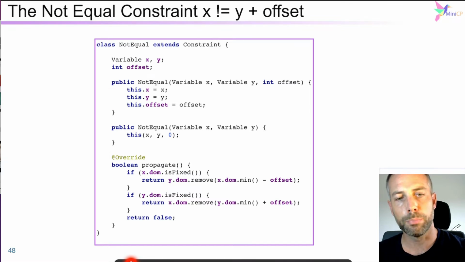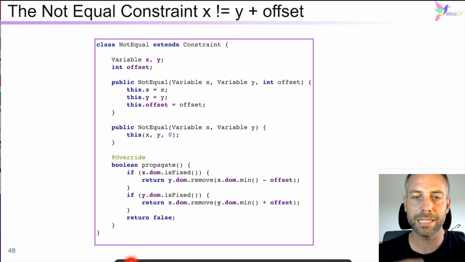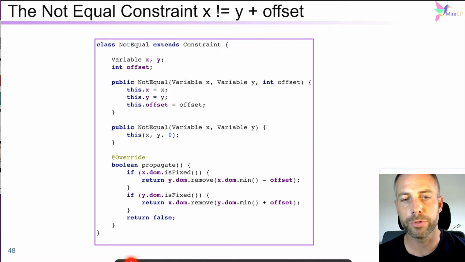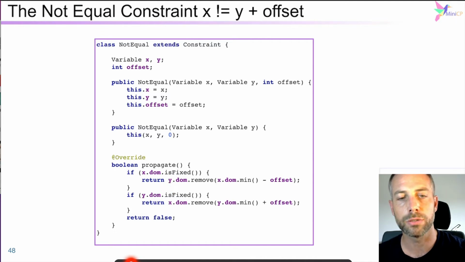And then the propagate method will verify if the domain of X is fixed. If it's fixed to a single value, then you can safely remove from the domain of the other variable Y the value of X minus the offset. And if it is the opposite, so if the domain of Y is fixed, then you can remove from X the single value of the domain of Y plus the offset.